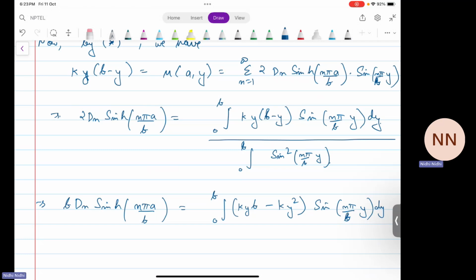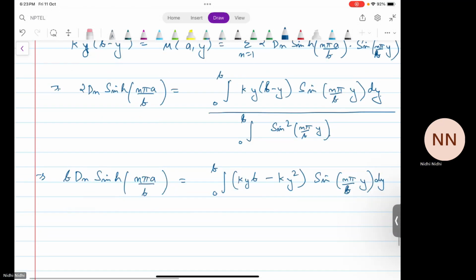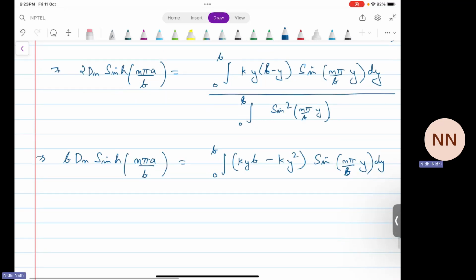We have just multiplied both the sides by b by 2. Now we'll be using integration by parts to solve this integral. Moreover, I could just take this k also outside. This is y (b minus y).